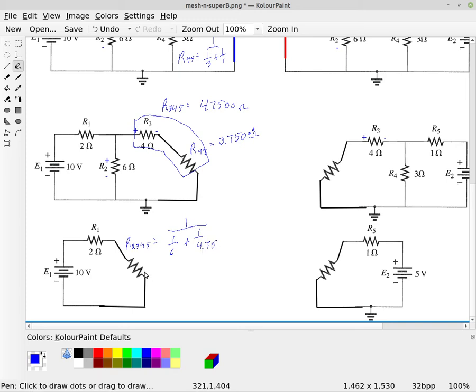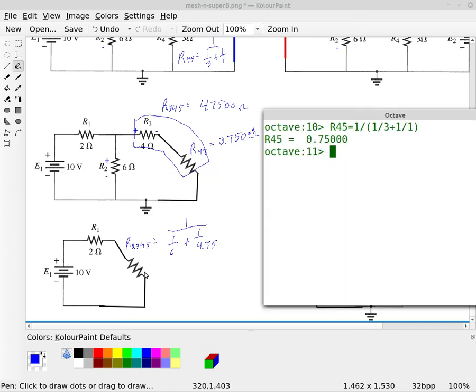So we'll pop that into Octave here. R2345 is equal to 1 over 6 plus 1 over 4.75.